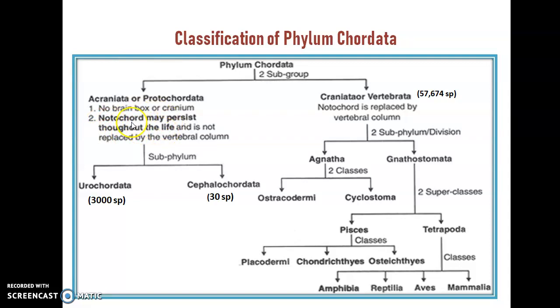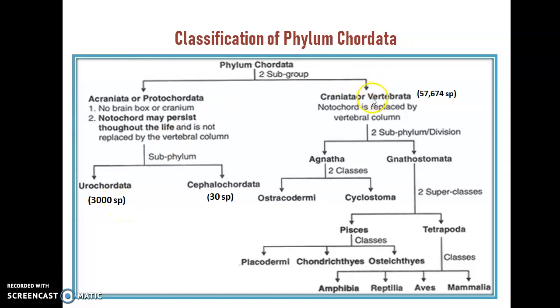Here it remains as such or is restricted only to a particular stage throughout the life history. So those are the two main characteristic features of Acraniata or Protochordata. It has been divided into two subphyla, Cephalochordata and Urochordata. Cephalochordata consists of around 30 species, while Urochordata consists of around 3000 species.